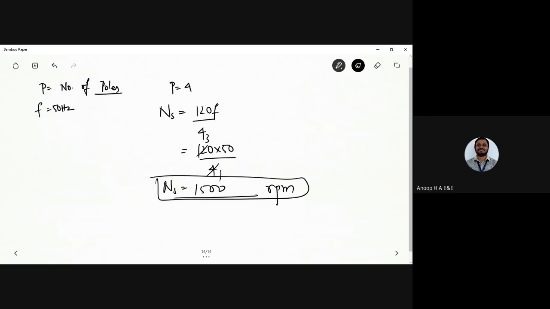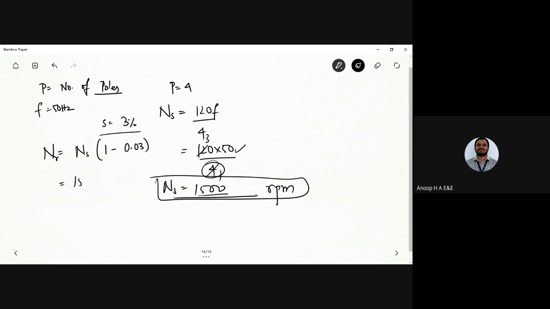So you can see that it is a 1500 rpm machine for a 4 pole, keeping frequency at 50 hertz. So if I want to find out the rotor speed, Nr, if the given slip is 3%, that would be Ns times 1 minus 0.03.